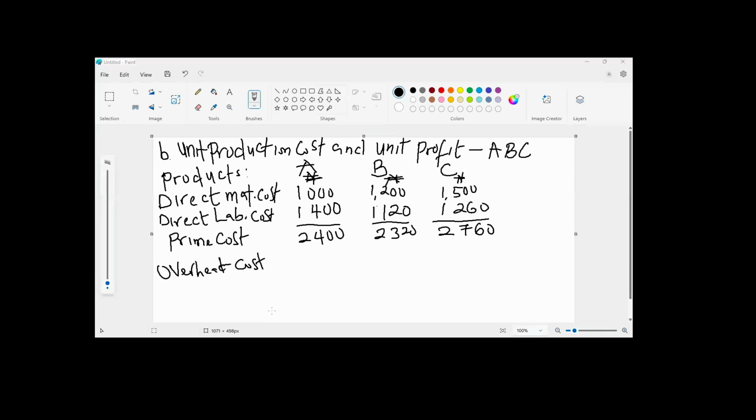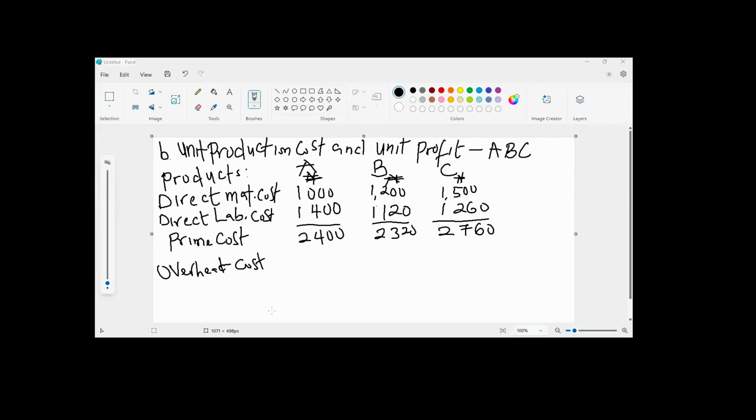Now, what are the steps involved? First, identify the activities in the company. Go to the question. Give me the activity. You can't see it? We can't see the board. But I'm seeing the board now. Once one person can see it, all of you must see it. No, we can't see the new board.